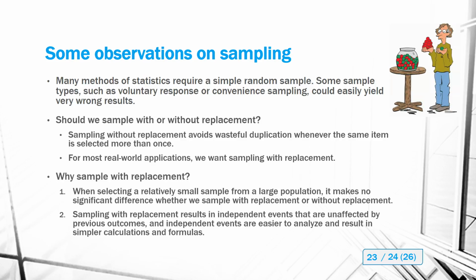So we actually are sampling small enough with respect to large populations, and we can do this. It makes sense to make that assumption that the events are independent, even though they may not be, and therefore simplify our calculations.